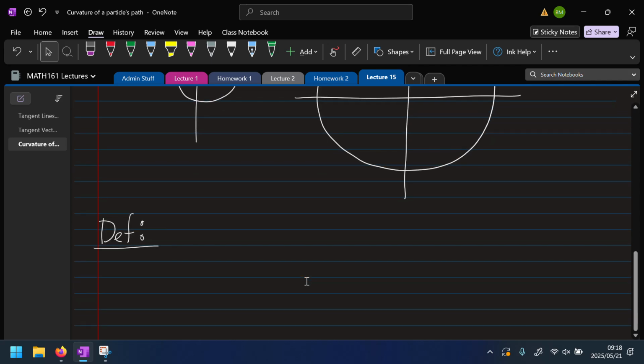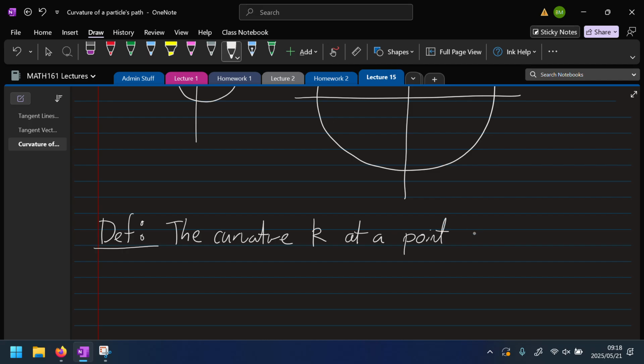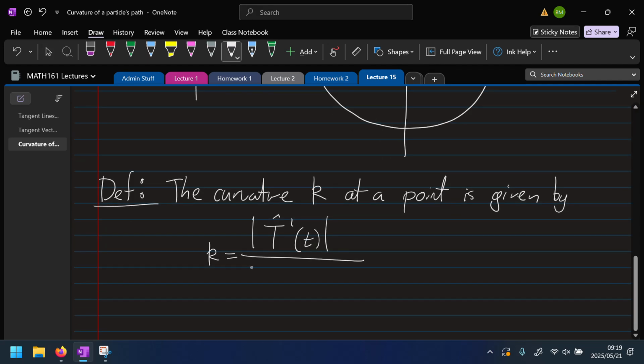Okay, so the curvature K at a point is given by K equals the length of this vector, so we use the absolute value for the length of the vector, T hat prime at t, divided by the length of the velocity vector.